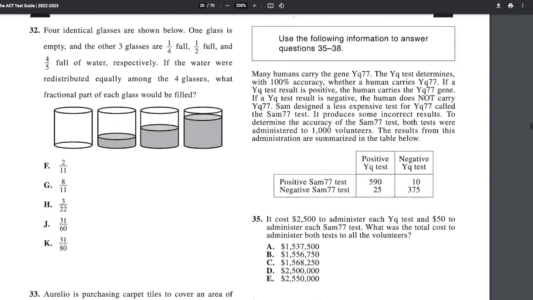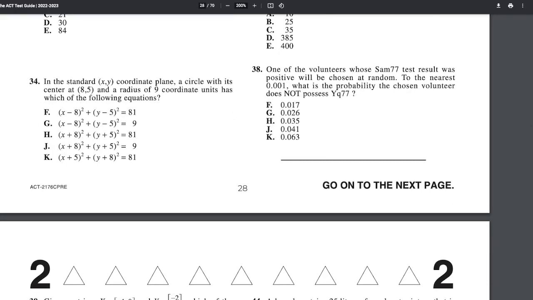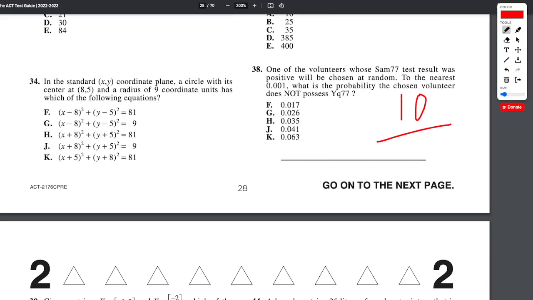Okay. So these 600 people said that they have it, but 10 people actually don't have it. So it's 10 out of 600, or 1 out of 60.